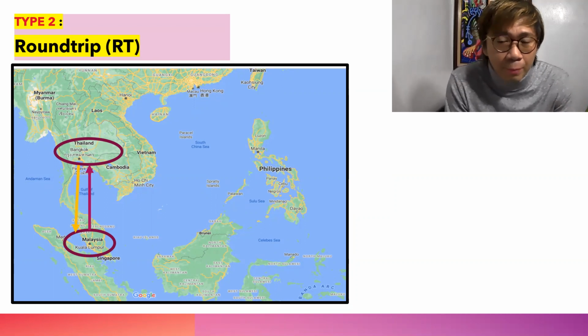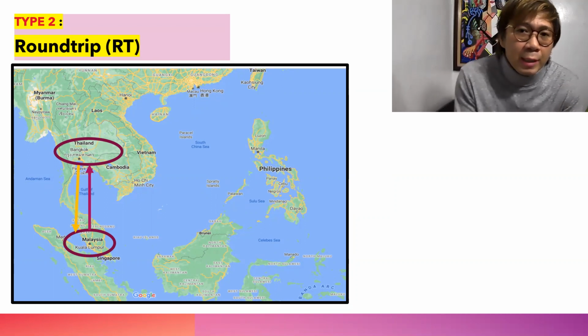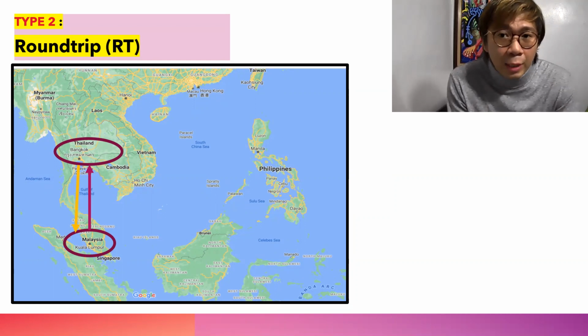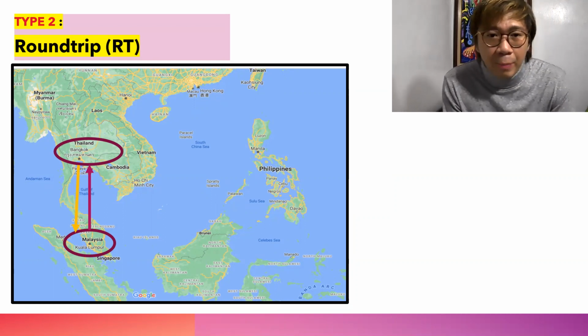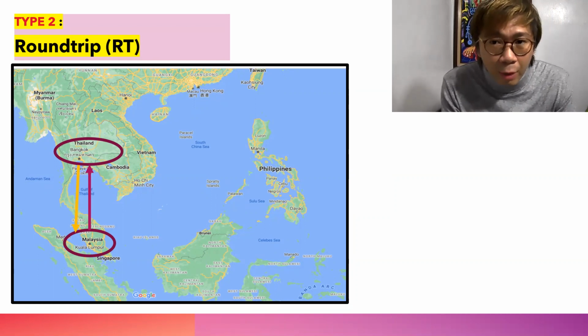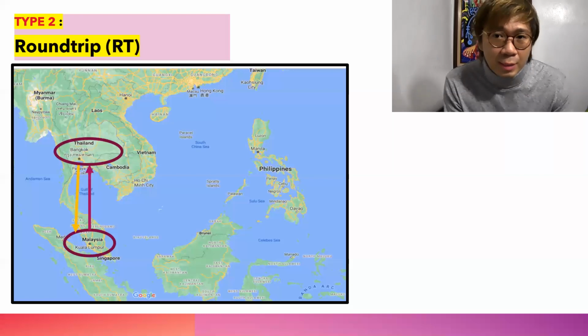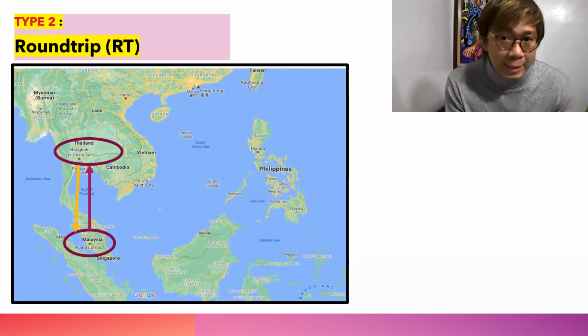So a round trip is composed of an outbound and inbound sector which are equal. When we say equal, it means the same: your trip to Bangkok and your trip back to Kuala Lumpur cover the same equal amount of mileage or air distance.